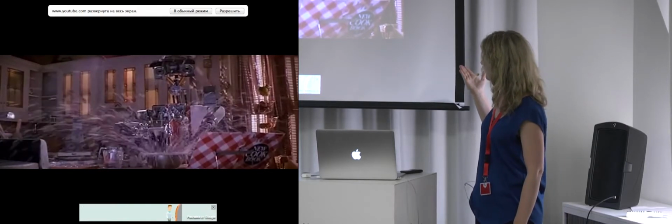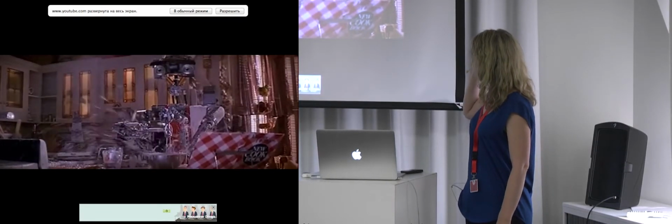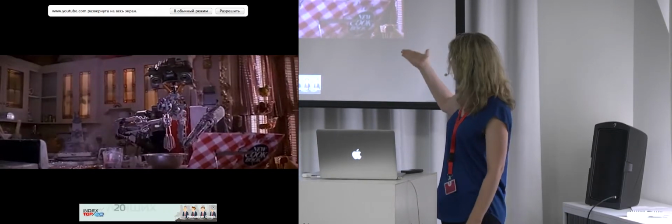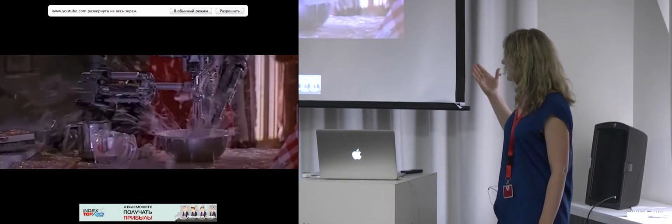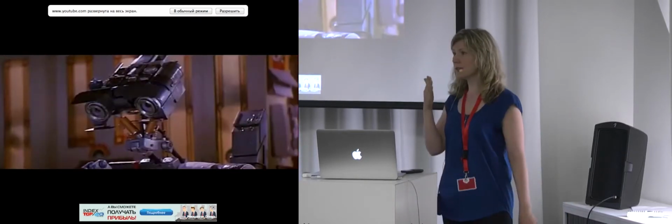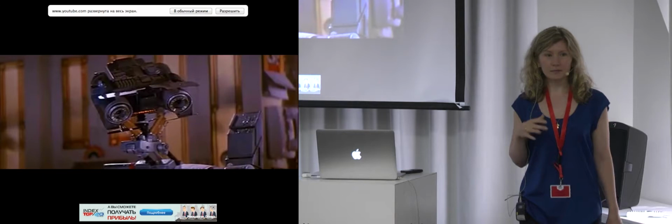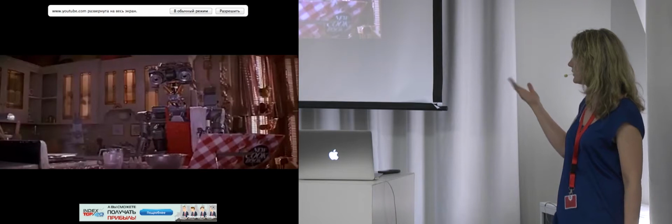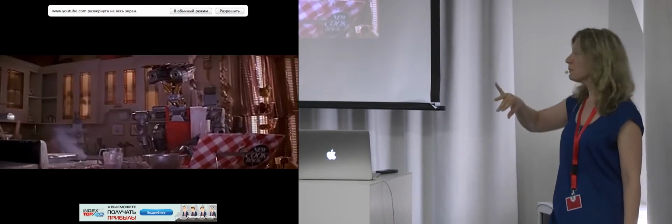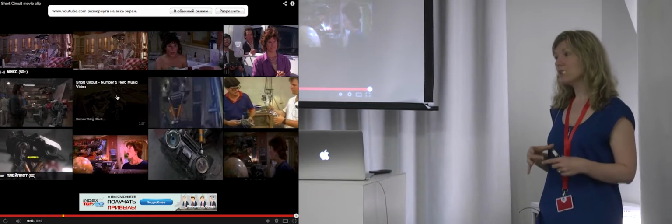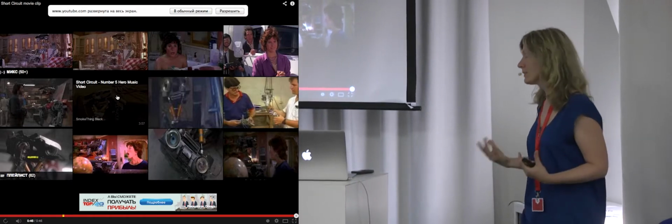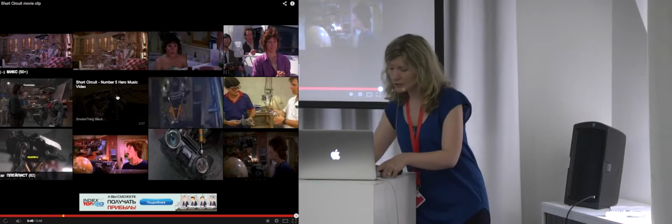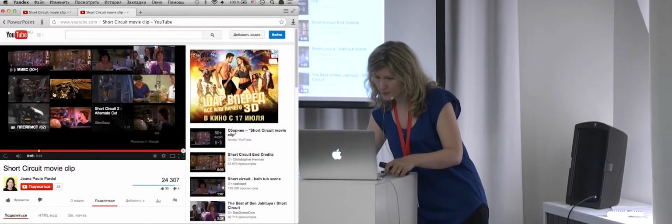Here we see a clip from an old movie where there's a learning robot, and he's learning how to cook something from a cookbook. So the robot is reading a cookbook and following the instructions exactly as they are. And of course, as you see, there's a big problem with that because the instructions are not exactly complete. He's trying to flip the potatoes, but the instructions didn't say to take the potatoes out of the box. Of course, for a human, this is common sense. But for a machine, a lot of things are not common sense.